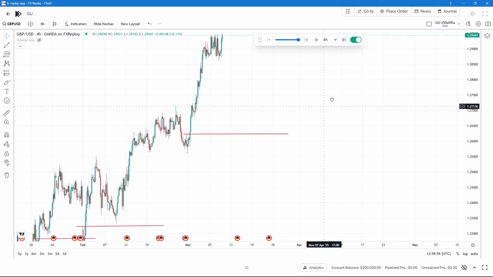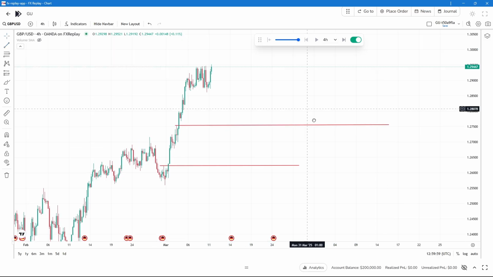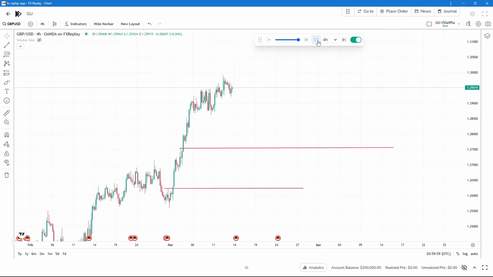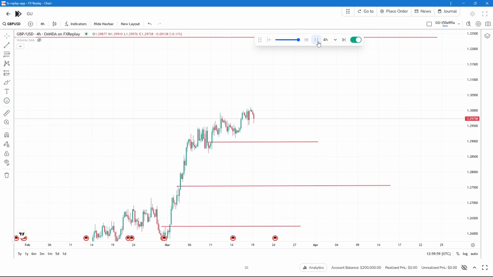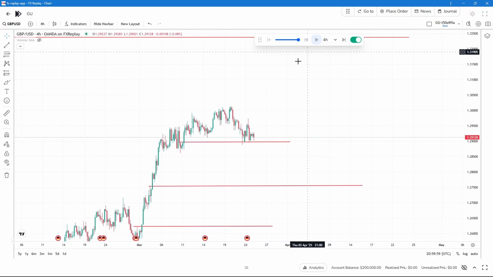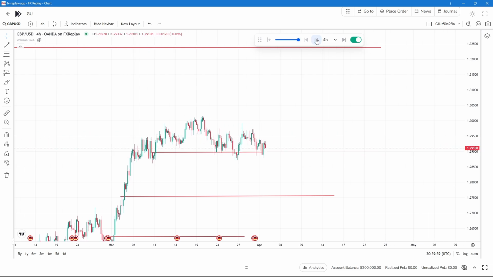But again, guys, all we have to do is look for the imbalance areas. So the imbalance area here. Okay, imbalance here. Fills imbalance. Let's see if we get a reaction to the buy side from here.